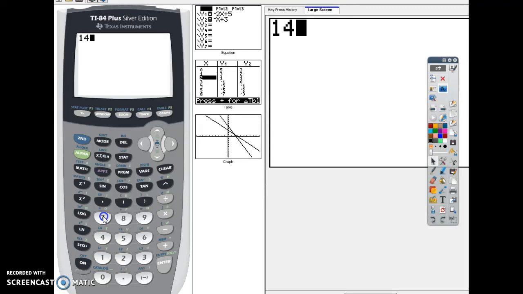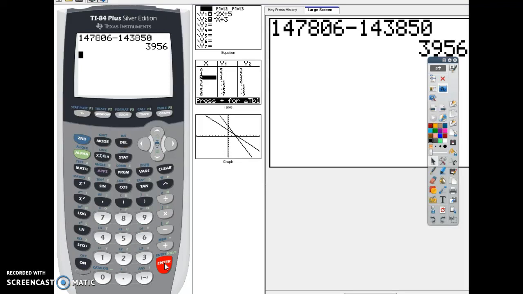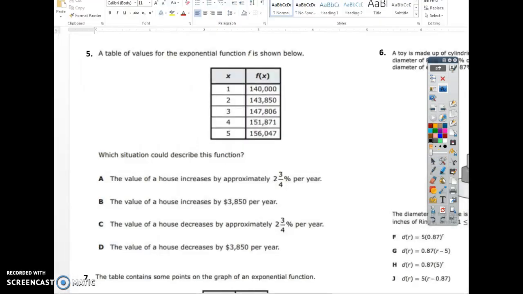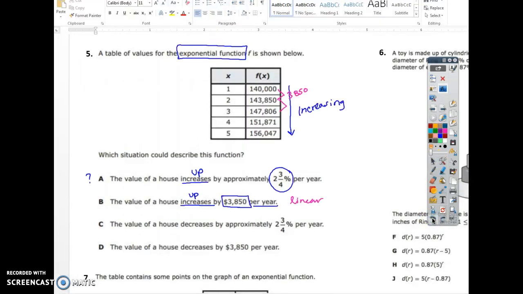So 147,806 minus 143,850. That's not 3,850. It increased. Okay, so it's not linear. It's not doing this every single year. Okay, so that's why B is not the answer.